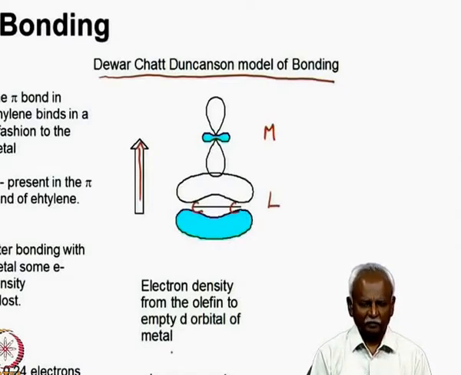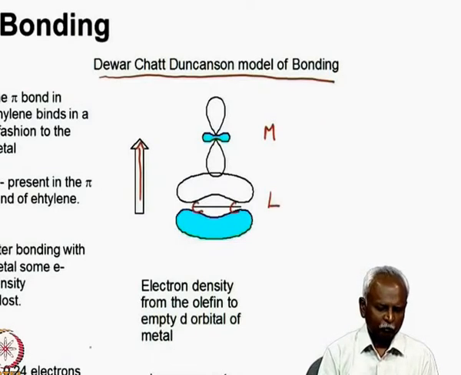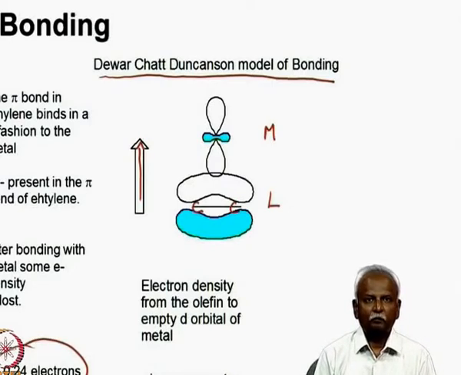People have estimated that this sigma interaction involves transfer of about 0.24 electrons from the ligand to the metal. So, although we call it a 2 electron donation, the 2 electrons are present in the olefin, but approximately 0.24 electrons are transferred, or at least 24% of the electrons, or about 12% of the pi electron density is transferred completely to the metal.